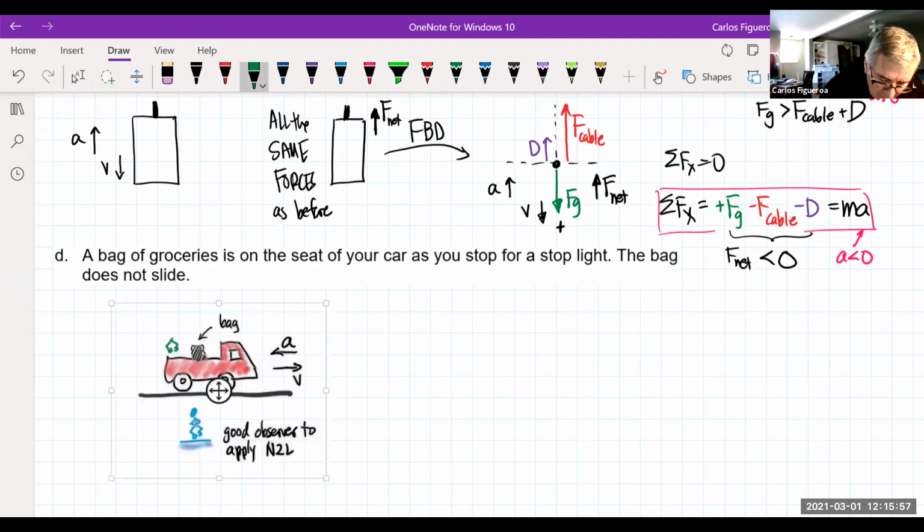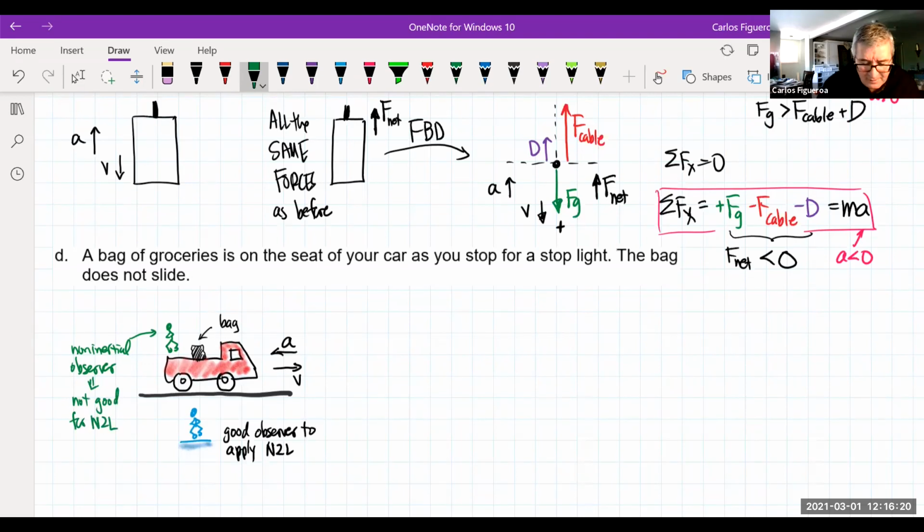Apparently I don't know how to do space yet. So if I have an observer on the truck like this, this is a non-inertial observer. And that tells me not good for N2L. And remember why I said that.